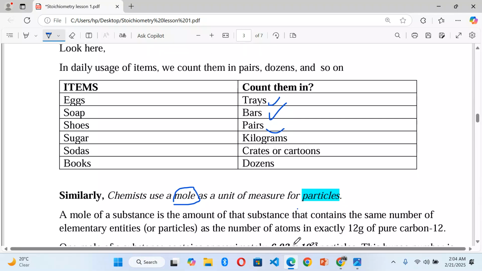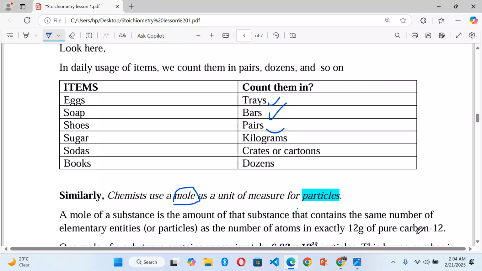So finally, we are saying that a mole of a substance is the amount of that substance that contains the same number of elementary entities or particles as the number of particles in exactly 12 grams of pure carbon-12. Don't forget that according to IUPAC, it is just when people came together from different places and said, let's agree upon what to use.